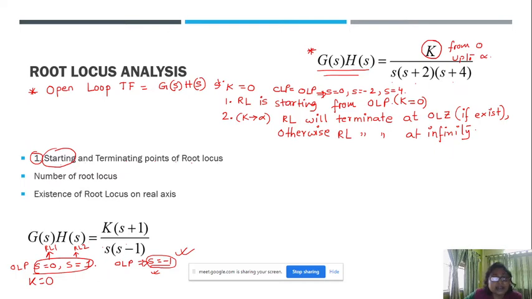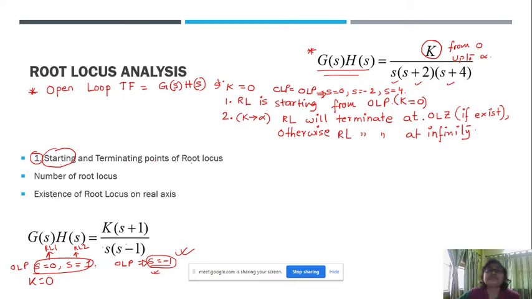Naturally, as there is no option left, it will go towards infinity. So one root locus here will go towards the open loop zero, another will go towards infinity. But here, as there are no zeros, naturally here 3 poles. So each and every pole will start a root locus. Naturally 3 root loci will terminate towards infinity.